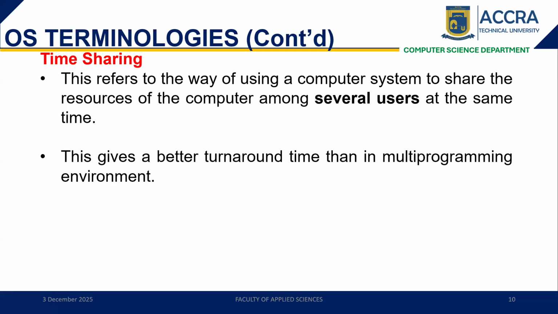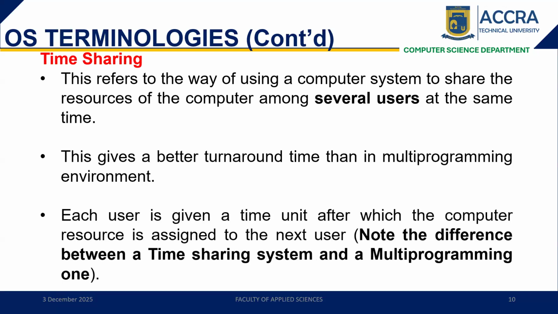The multi-programming environment is maybe one person sitting beside a particular computer, and the OS allows him to open many programs, use different programs at a go, and move from one program to the other. But you have a case where you have several users that are also having a time to share the computer.